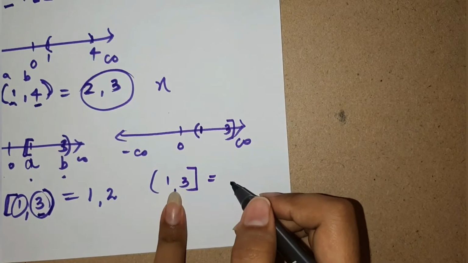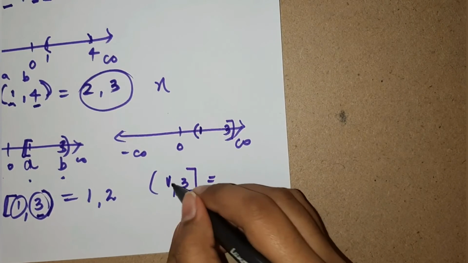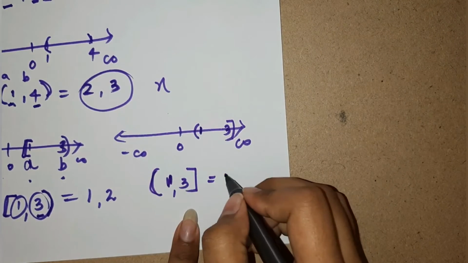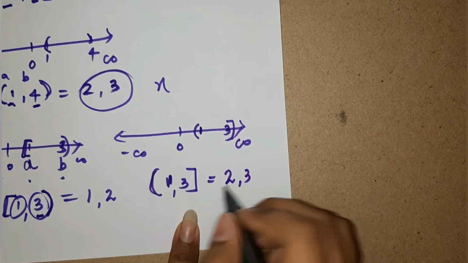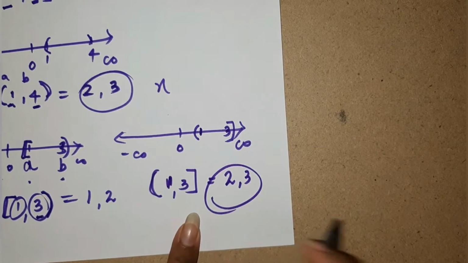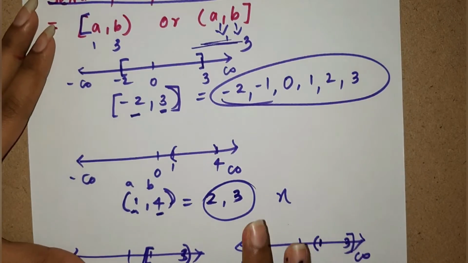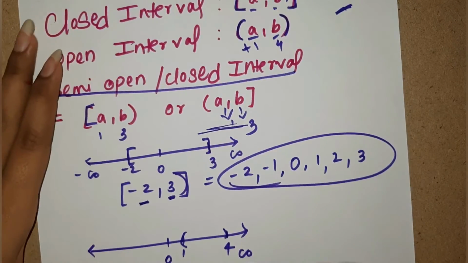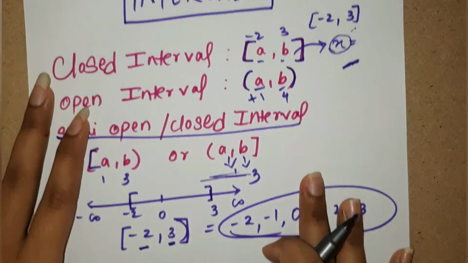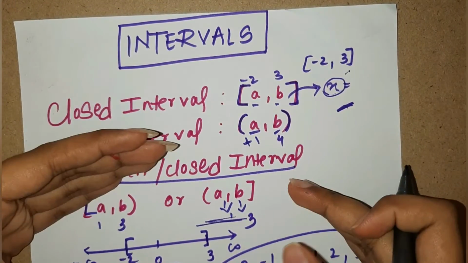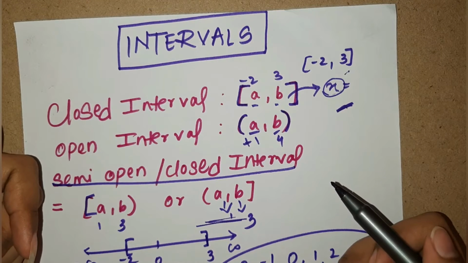So what values will x have? It will not have 1 because it is open here. It will have 2, it will have 3. This is the range of values that x will have. This is the basic information which you should understand, so that you would know how the calculation goes.